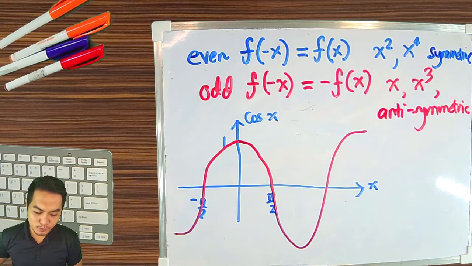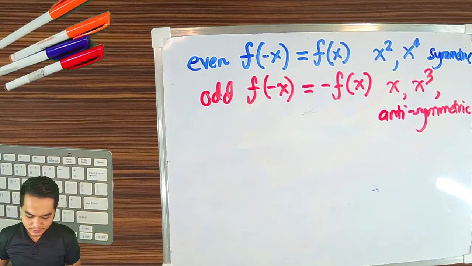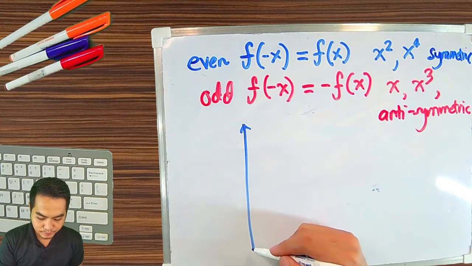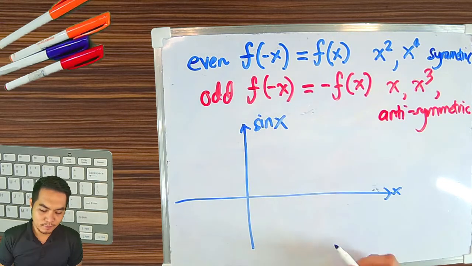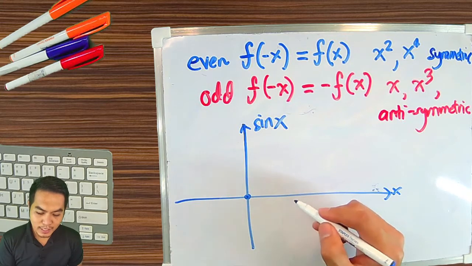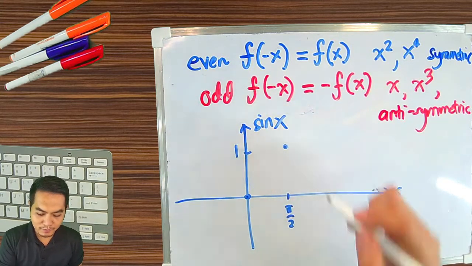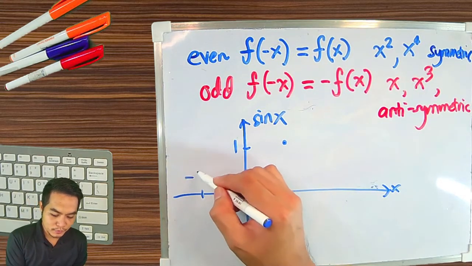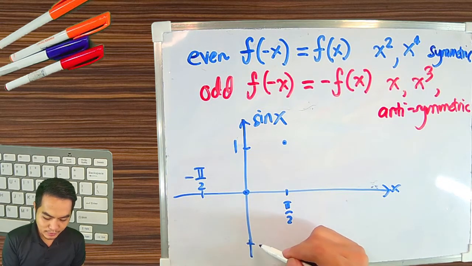Now let's go to the sine function. Sine is an odd function, therefore it's anti-symmetric. If this is the x-axis, this is sine of x. Sine of 0 is 0. Sine of pi over 2 is actually 1, the maximum value. But sine of negative pi over 2 is negative 1.